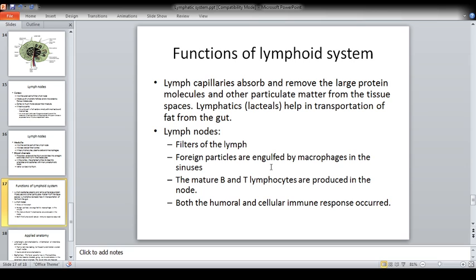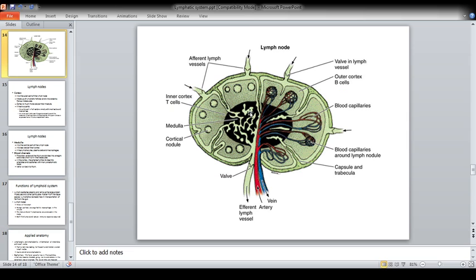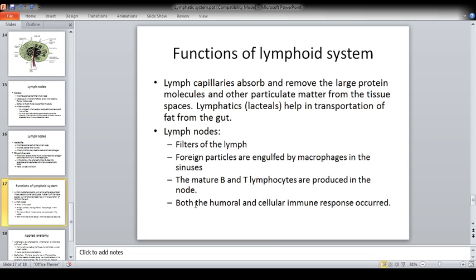Moreover, foreign particles would be engulfed by macrophages that are present here in the sinuses. So there are many macrophages which occur here as well as in the medulla, and they would engulf foreign particles which are present in the lymph and are traveling through these cortical and paracortical sinuses, medullary sinuses.